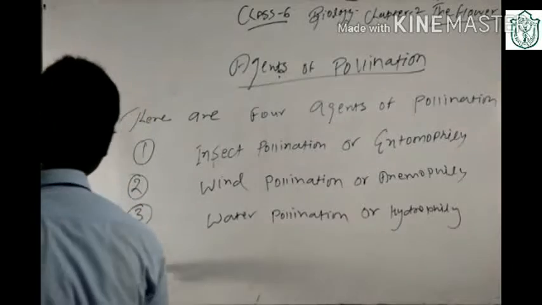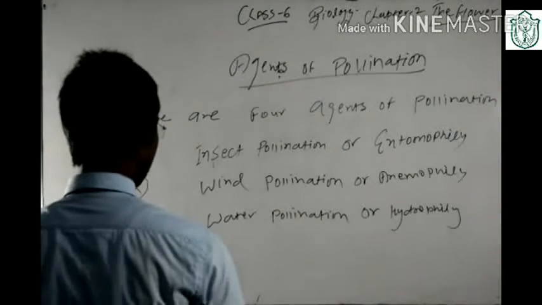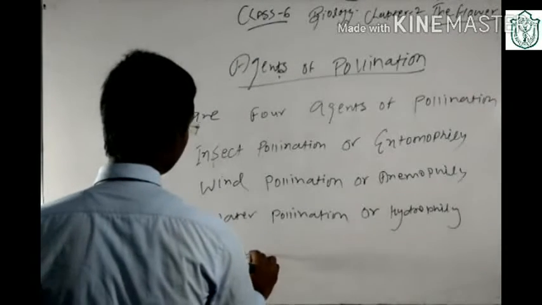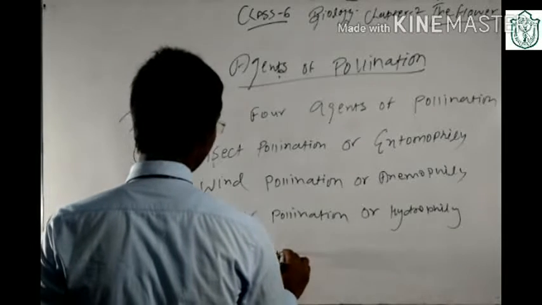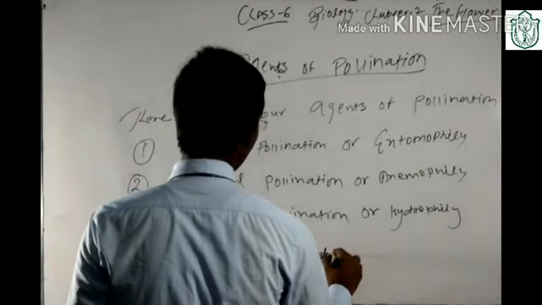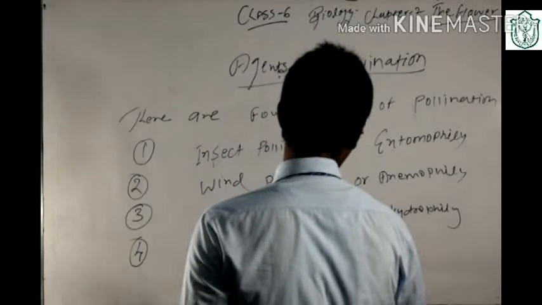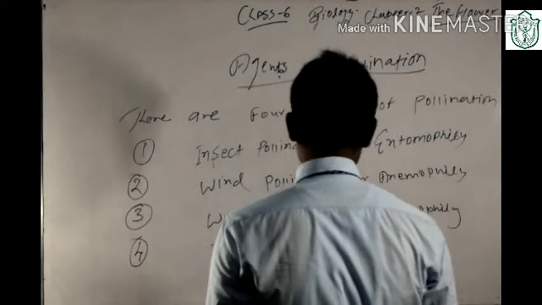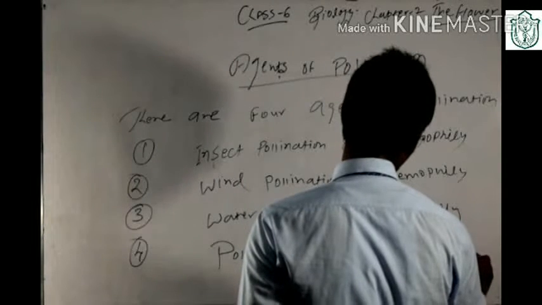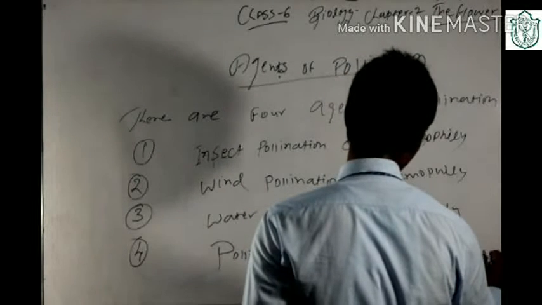Number four is pollination by animals, or zoophily.